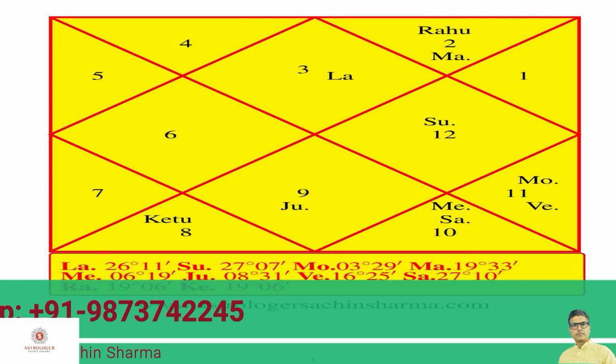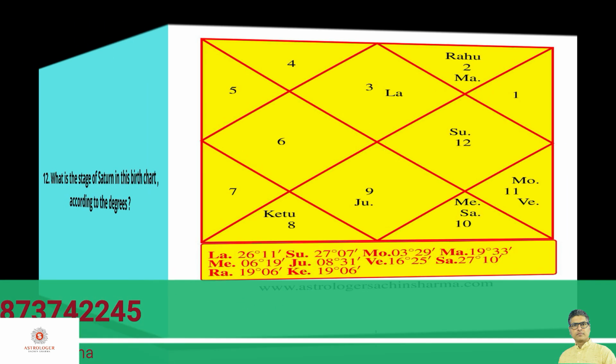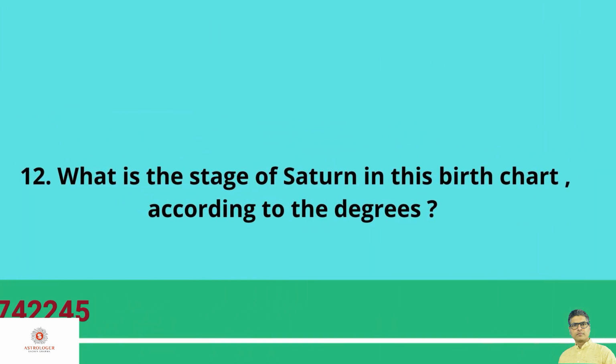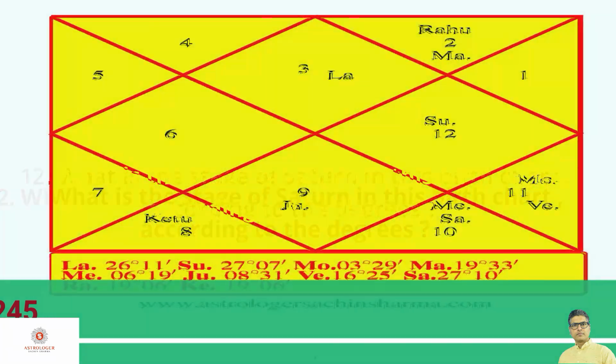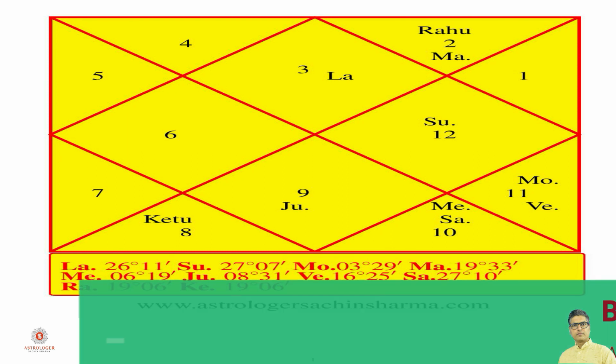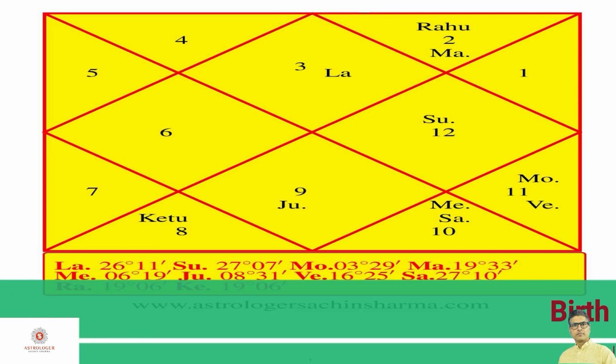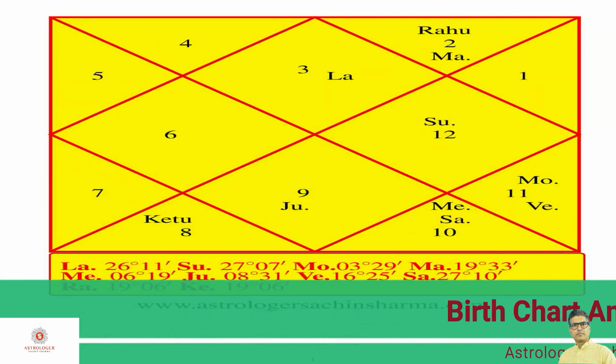I think the concepts are getting more and more clear to you guys. Next question is, what is the stage of Saturn in this birth chart according to the degrees? Saturn's degree is 27 degrees 10 minutes, and hence we can say that Saturn is in the death stage here.